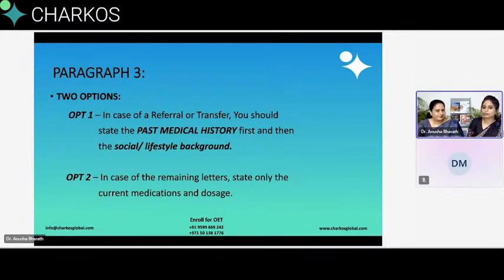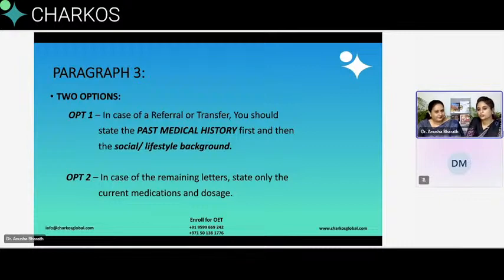And then you can also talk a little about her social or lifestyle background, something along the lines of she has been a smoker for the past 40 years. Okay. So this is for a referral letter and transfer letter. Only for these 2, please make a note of it that the past medical history plus the social or lifestyle background will be written in the third paragraph.